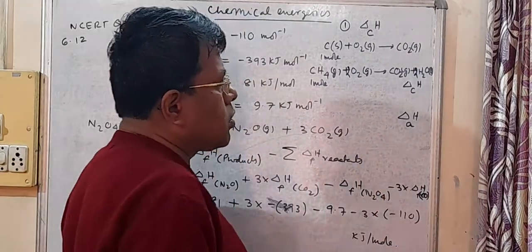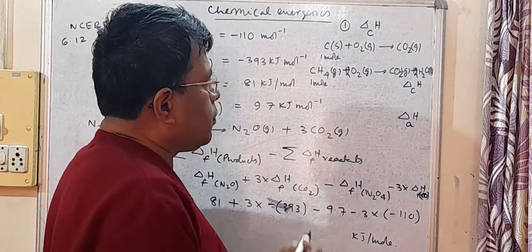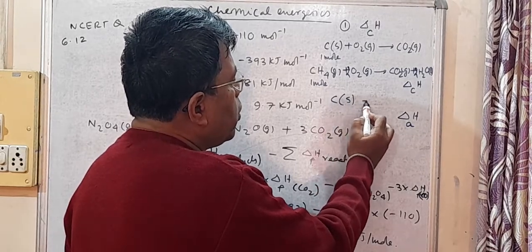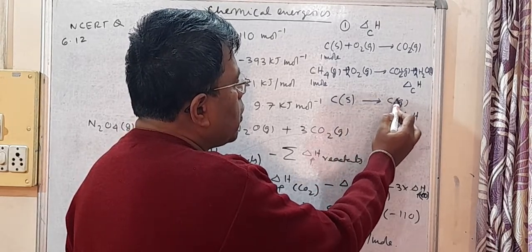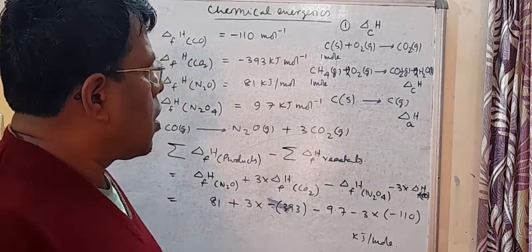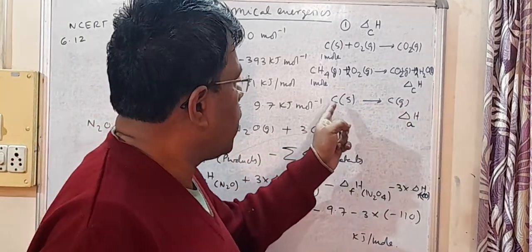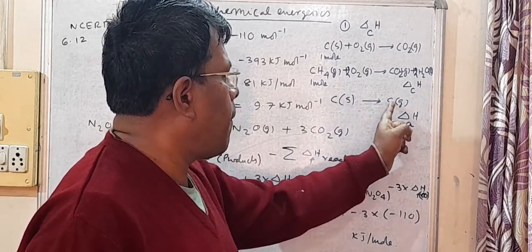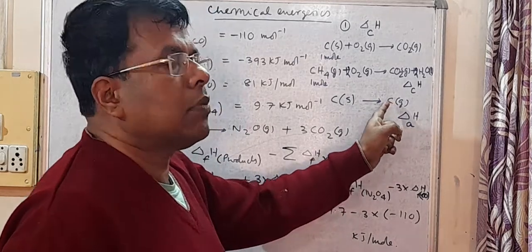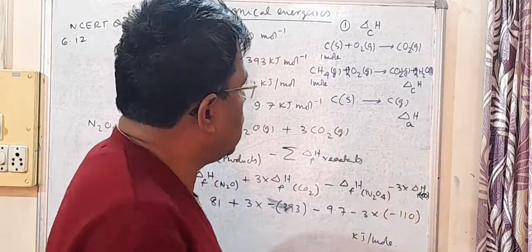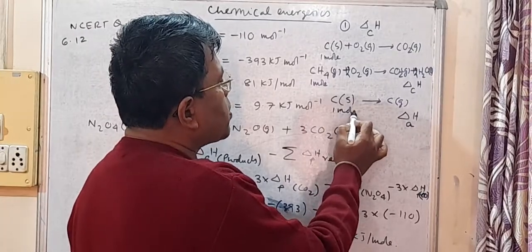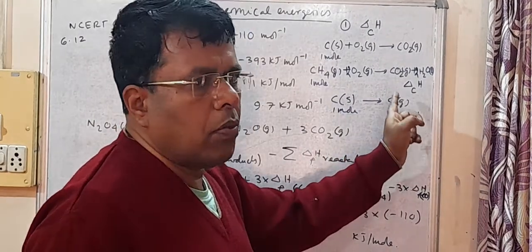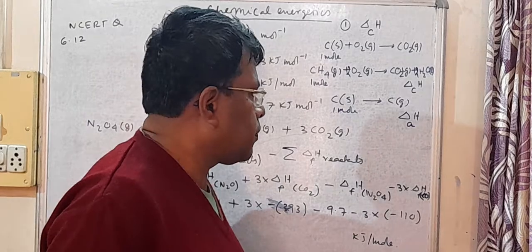Then you have enthalpy of atomization. There is a term called enthalpy of atomization. What is that? Suppose this change, carbon solid to carbon gas. Here carbon is changing into atom form. Carbon gaseous means atom form, and here also we have to take 1 mole of this substance. Then the corresponding enthalpy change is called enthalpy of atomization.